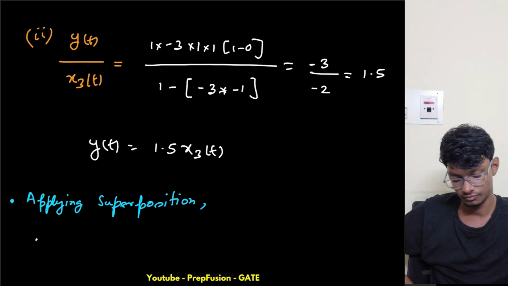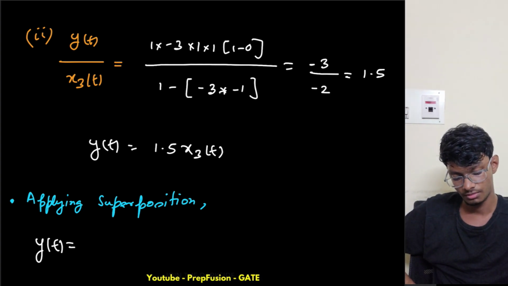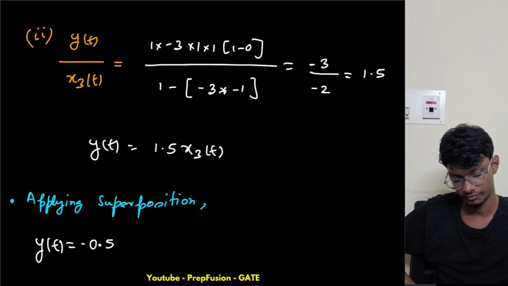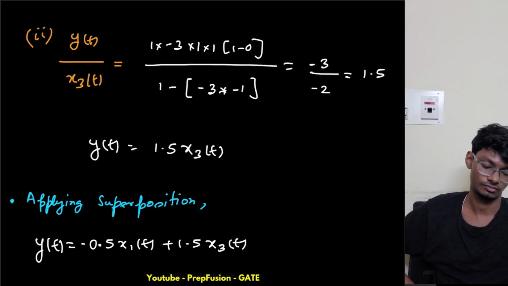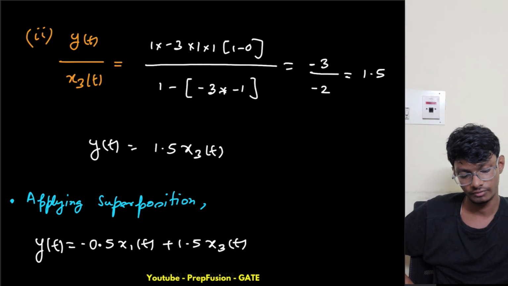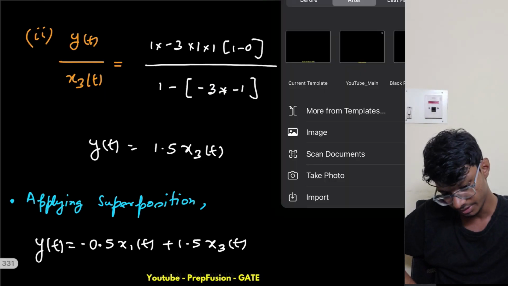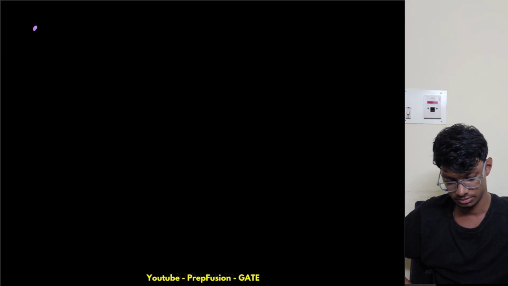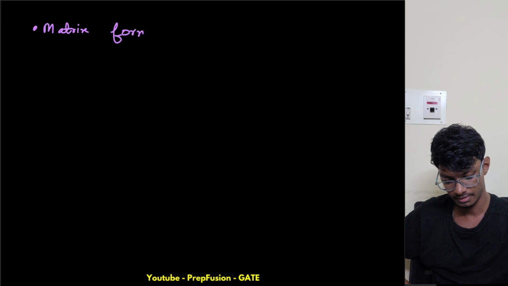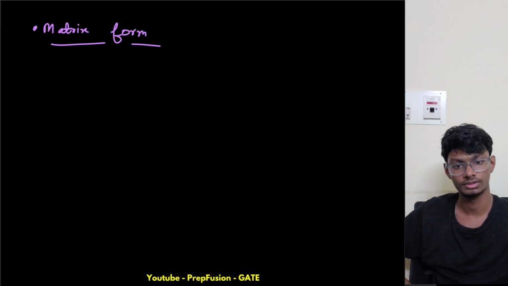Applying superposition, what do I get? y of t equals minus 0.5 x1 of t plus 1.5 x3 of t, right? This is what y of t equals. Now let me write this in matrix format. So, the matrix form basically, what will be the matrix form?